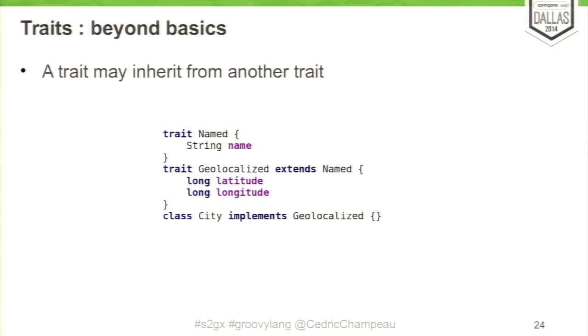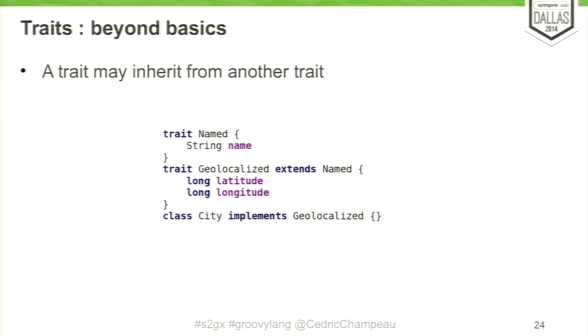Then you are allowed to do that. It's not because it's a trait that you can't use the usual inheritance rules. The only limitation is that you cannot inherit from an object. You have to inherit from a trait.